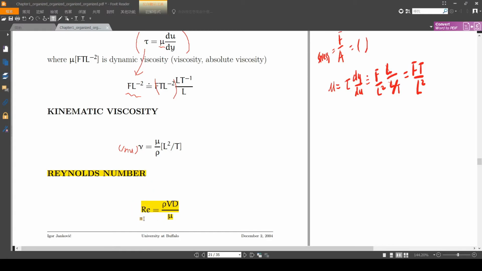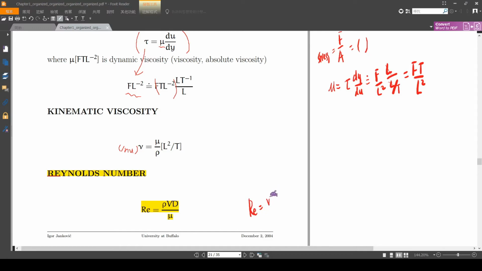The Reynolds number, Re, is equal to the density times the characteristic velocity times the characteristic length, divided by the viscosity.